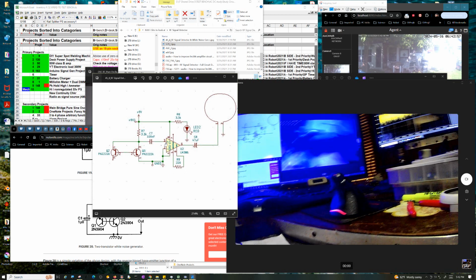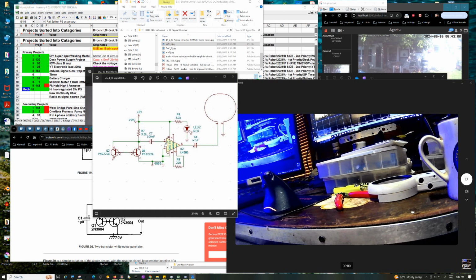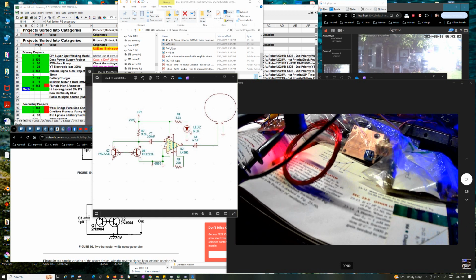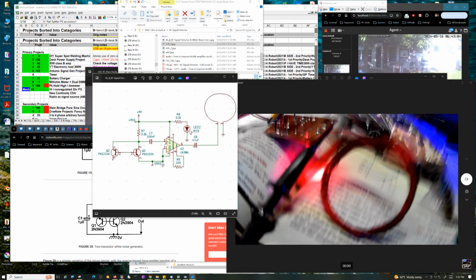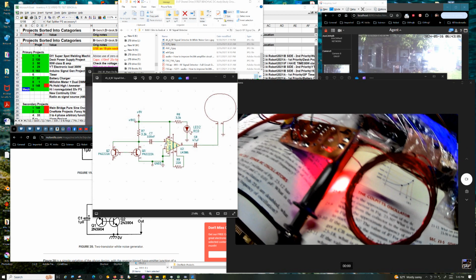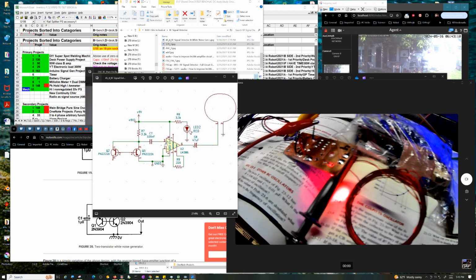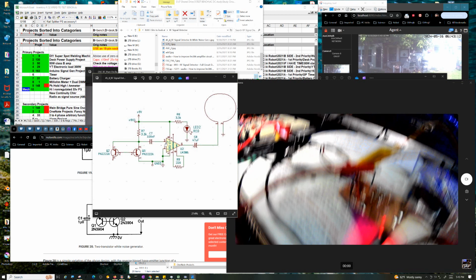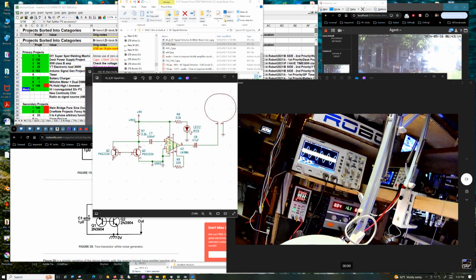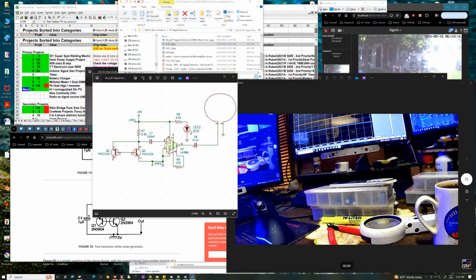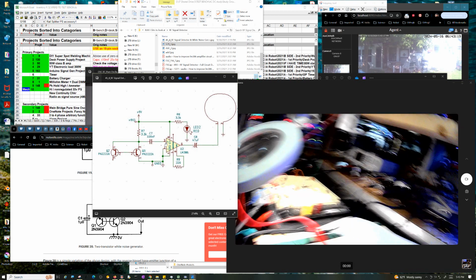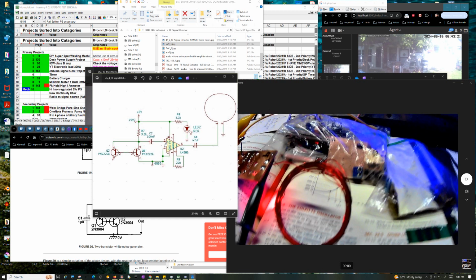So yeah, it works. But now if I turn on the signal generator, I got it set to a 200 hertz waveform. It changes the profile a little bit because I got the thing turned down quite a bit, but I can turn it up.